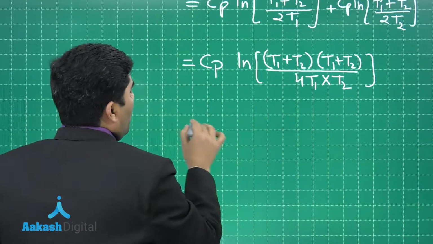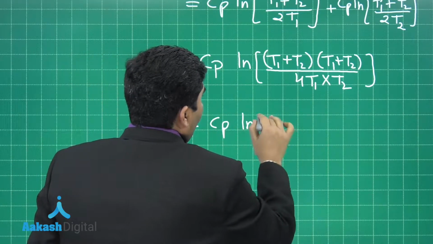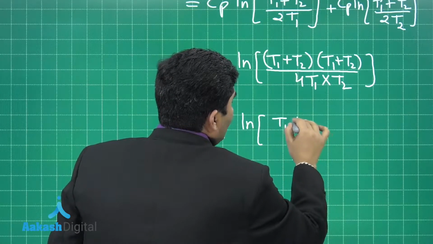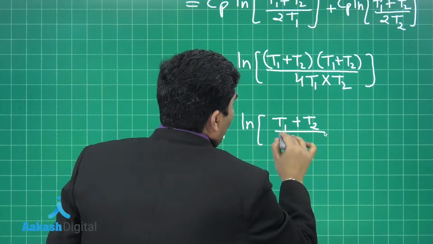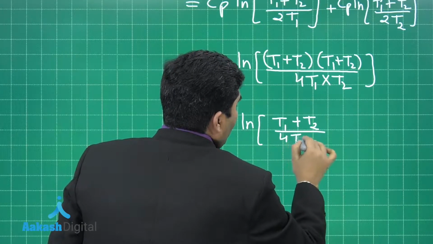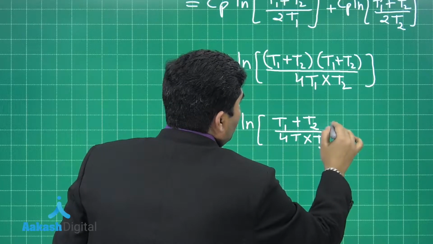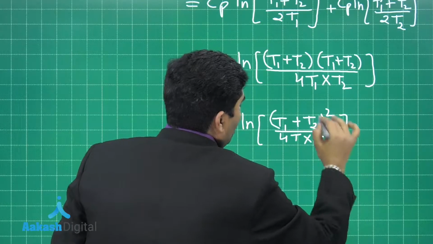Solving it further, it will be Cp ln T1 plus T2 upon 4 T1 into T2 whole square.